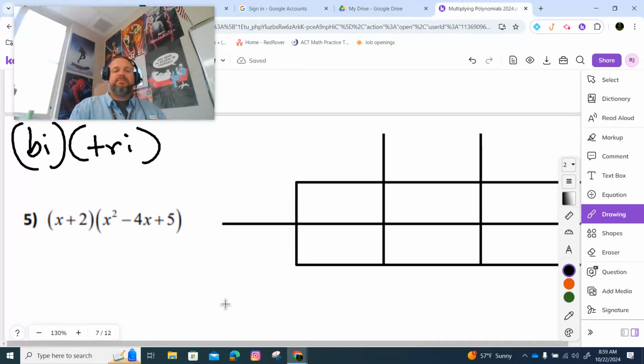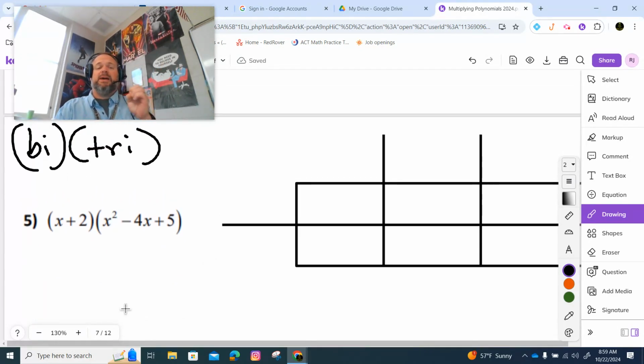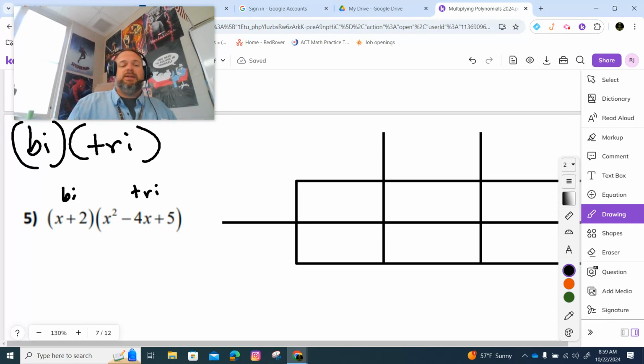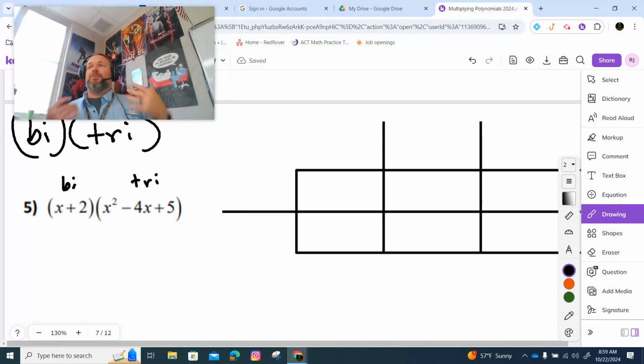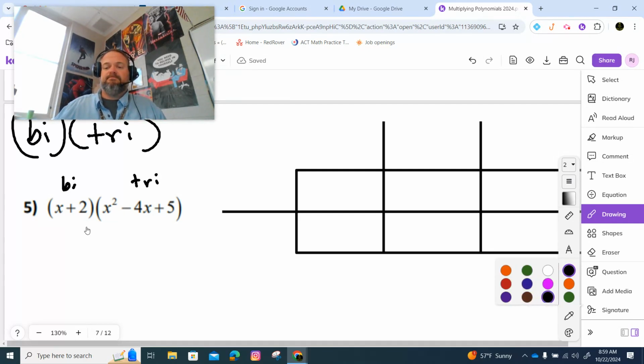It is a binomial times a trinomial because this first term is a binomial because it's 2, and this is a trinomial because it's 3. Now, the process really doesn't change, believe it or not. It's just a little bit of a fixer upper.